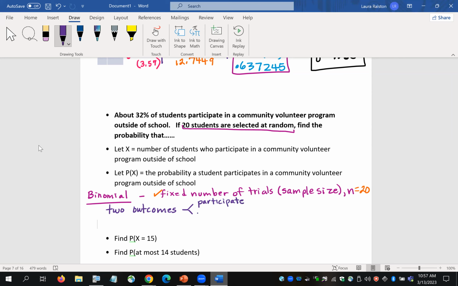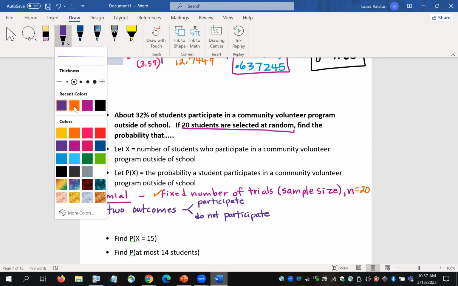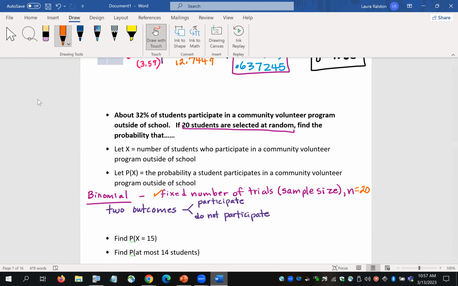The other outcome is that they do not participate. Those are really the 2 options. They either participate or they do not participate. If they participate, in this case, that is going to be our success. Do not participate is a failure.